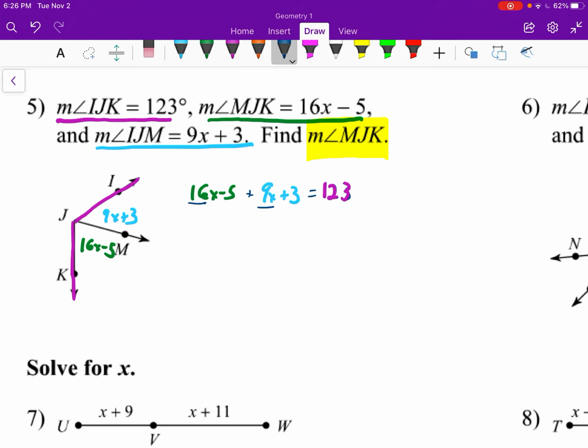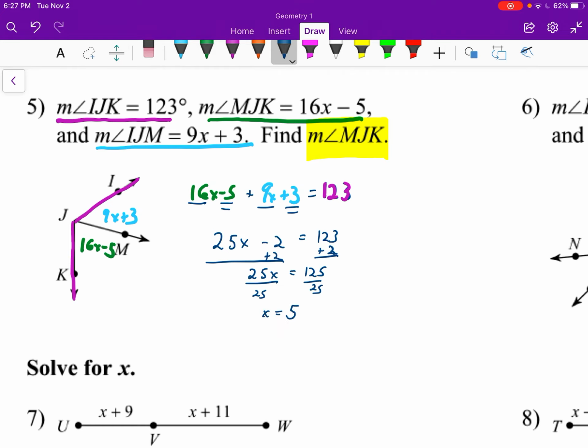Like terms, 16x and 9x is 25x. Negative 5 and 3 is negative 2. Equals 123. We'd go ahead and add 2 to both sides, which gives us 125. 25x equals 125. Divide both sides by 25, and we get x equals 5.